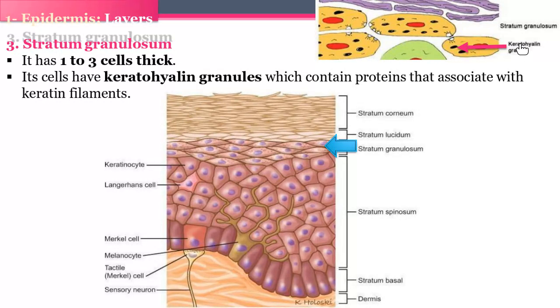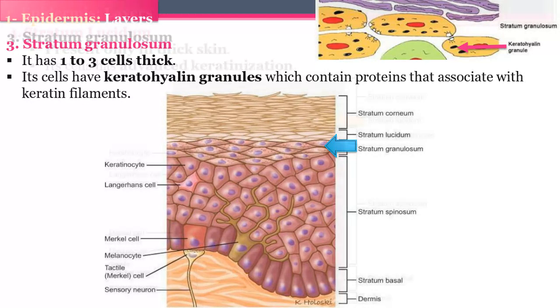It has desmosomes all around and it has keratohyaline granules inside the cell. That is why the name is stratum granulosum. I hope this is clear. This keratohyaline granule contains a protein which is associated with the formation of keratin filaments. I hope this is clear.